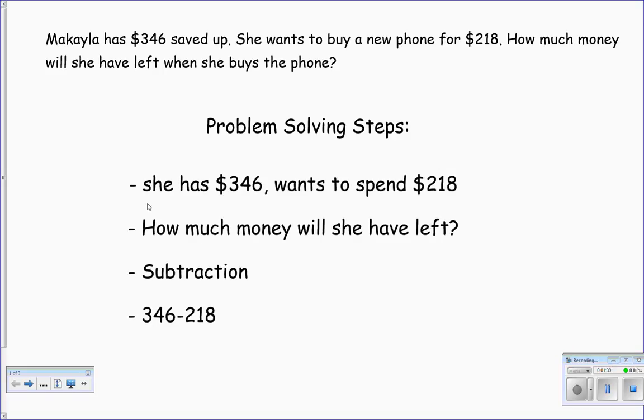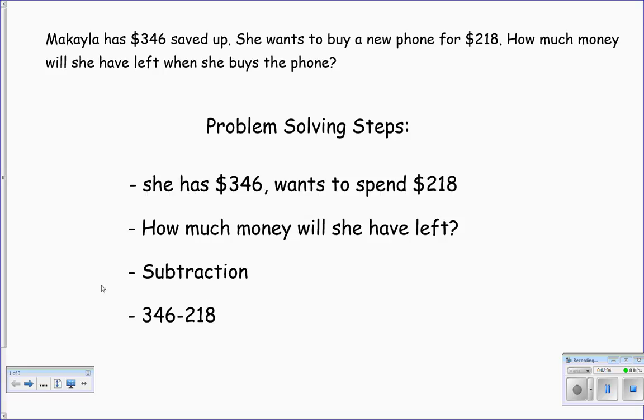For what you do know, she has $346 and she wants to spend $218 of it. What you need to know is how much money she will have left if she makes this purchase. Our operation is subtraction because we're taking an amount of money that we already have, and taking some away to find out how much we have left.